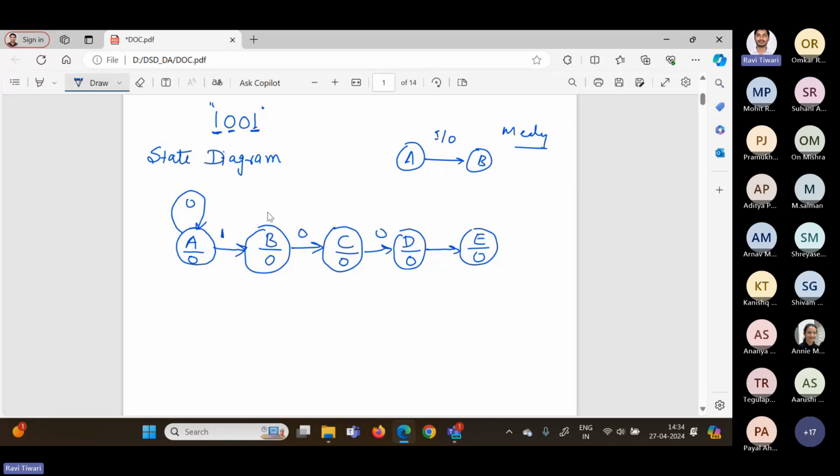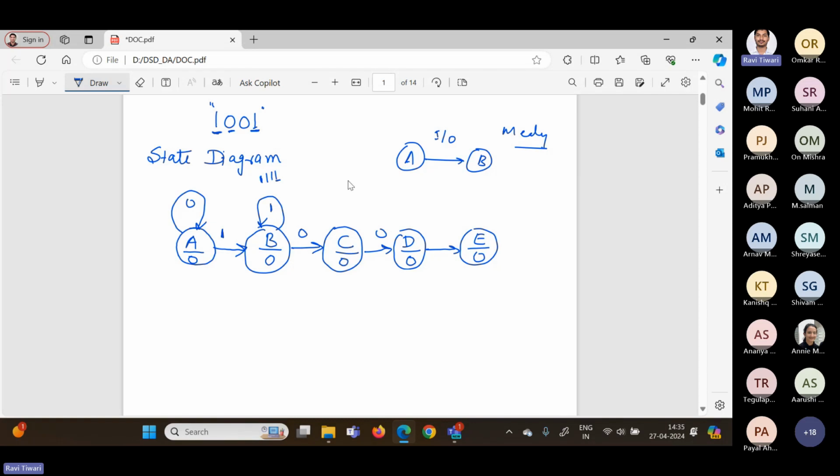Now, if you are in the state B, that means I have a single bit correct, that is 1, and I was waiting for 0. If I get 0, I will move to another state C. But what will happen if I am getting continuously 1, 1, 1? In this scenario, we have at least one bit correct, and I will remain in the state B because this is the single bit correct state.